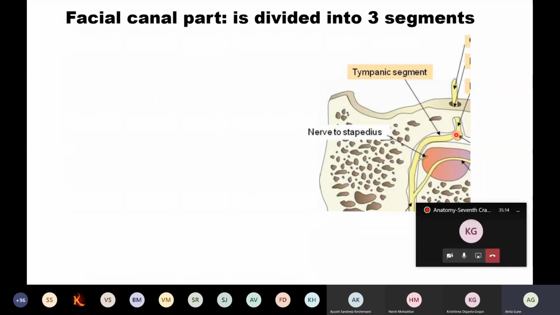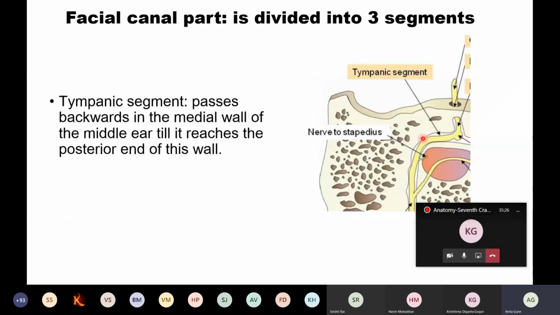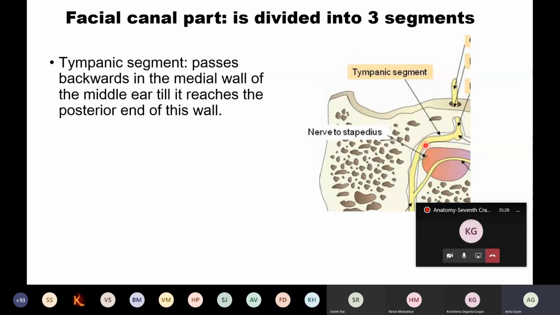Now, after this geniculate ganglion or the bend, from the anterior end of the middle ear cavity it is going towards the posterior end of the middle ear cavity, towards the medial wall of the middle ear cavity. And this part is called the tympanic segment. Also it is running horizontally, so it is called the horizontal part, one and the same.